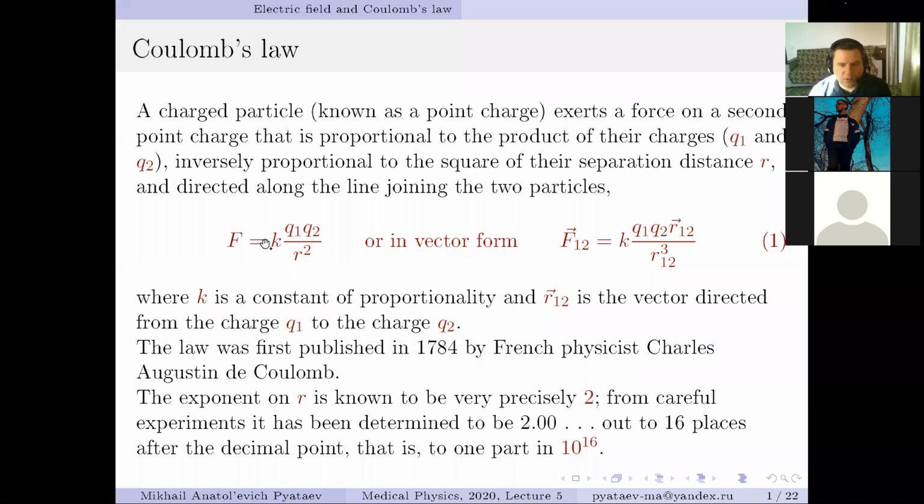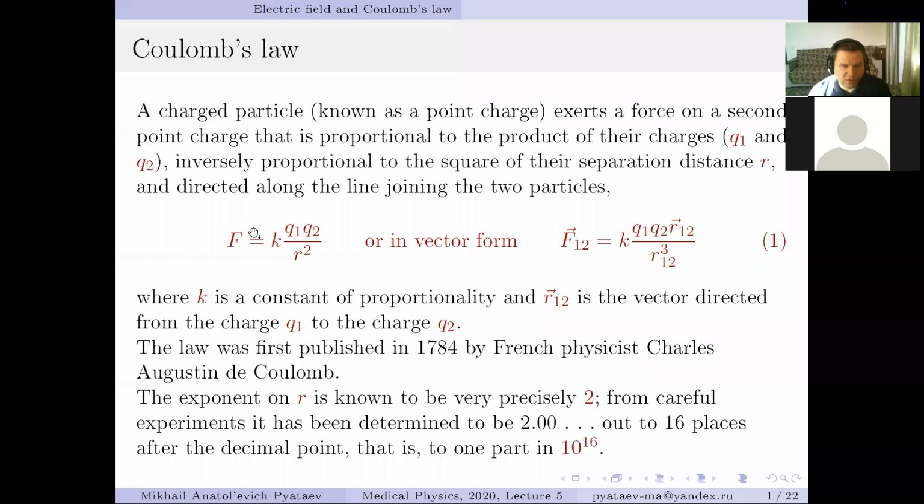It depends on the unit of measurements for electric charges. There are two basic unit systems used in physics now. It is the SI system, international, and SGS, I'm sorry, centimeter gram second.